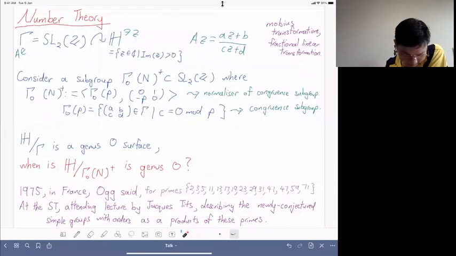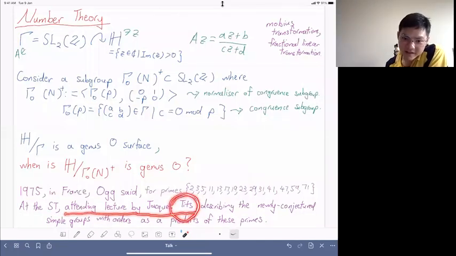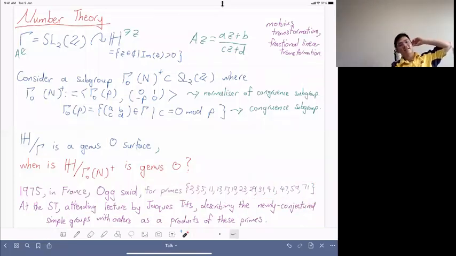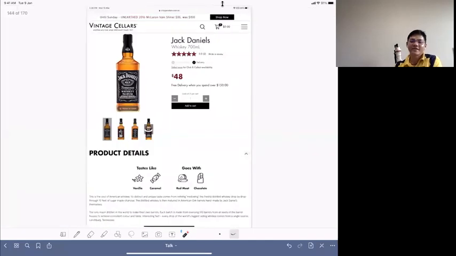At the same time, he also attended a lecture by Tits. Tits was describing the monster to people, where the orders are products of these primes. So there's a coincidence here. So Ogg said he will offer a Jack Daniel's, a $50 worth, for those who can explain this relation.